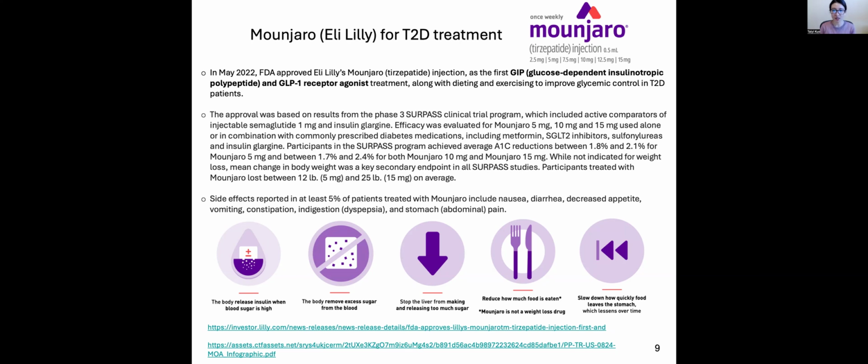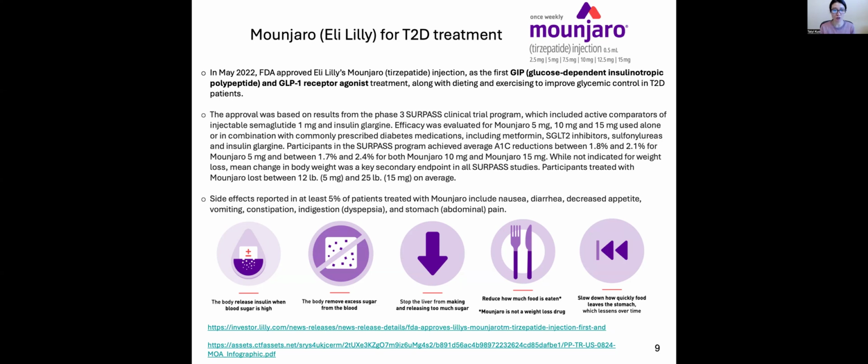Efficacy was evaluated for Mounjaro 5 mg, 10 mg, or 15 mg, used alone or in combination with commonly prescribed diabetes medication. And you know all of them, which are metformin, SGLT2 inhibitors, sulfonylureas, and insulin glargine.